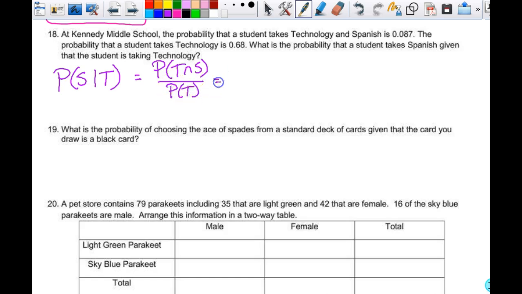So the probability that they take technology and Spanish is 0.087 over the probability that the student takes technology, 0.68. And so then I would just divide that out, and 0.087 divided by 0.68 is 0.13. I'm sorry, I can't read off the calculator. 0.2128. Oh my goodness. There we go.